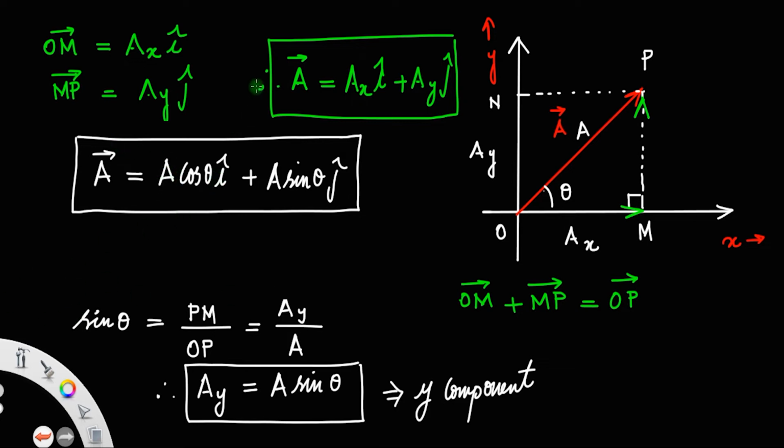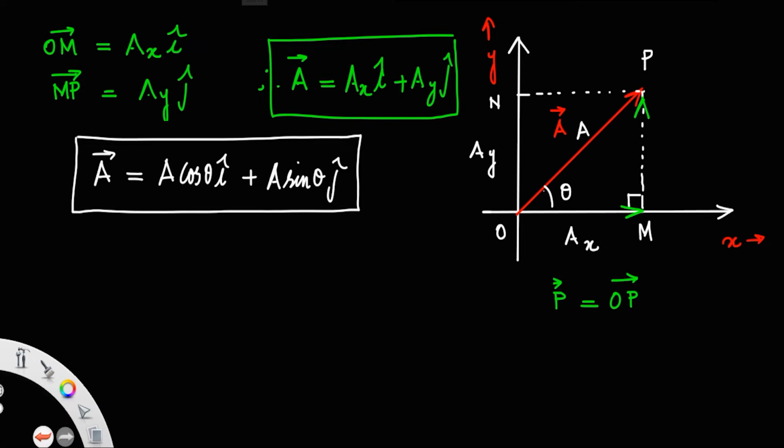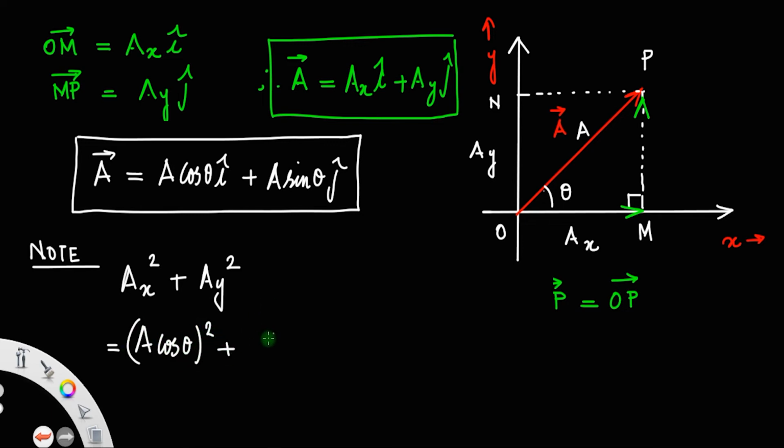Then you should note certain points here. Note what you get if you square and add the components. What is the value of AX square plus AY square? This is equal to, instead of AX, you can write A cos theta whole square plus AY equal to A sin theta whole square. This will give you A square cos square theta plus A square sin square theta.